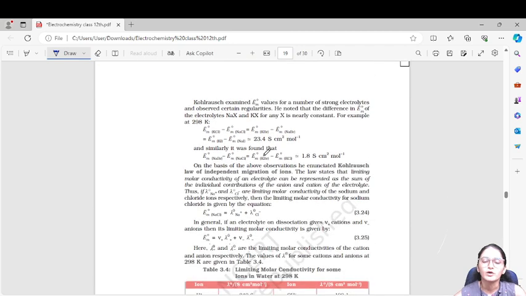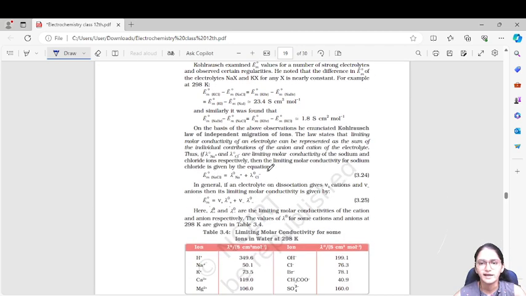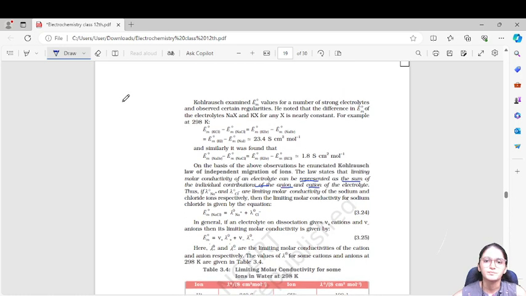Then next important is Kohlrausch law, which tells that the limiting molar conductivity of an electrolyte can be represented as the sum of the individual contributions of anion and cation. Now we will understand this through one simple example of NaCl. The molar conductivity of NaCl is given by the molar conductivity of its sodium ion, that is the cation, plus the molar conductivity of the chloride ion, which is the anion. We can apply this to any electrolyte.